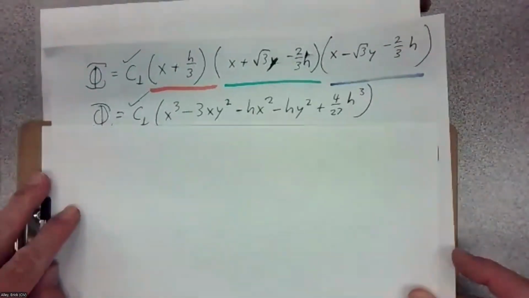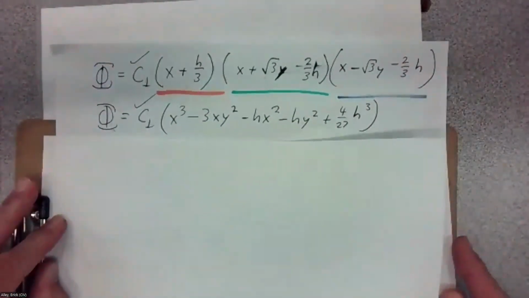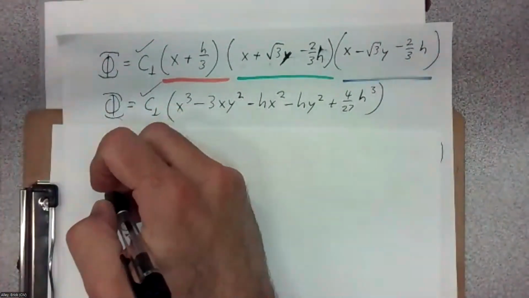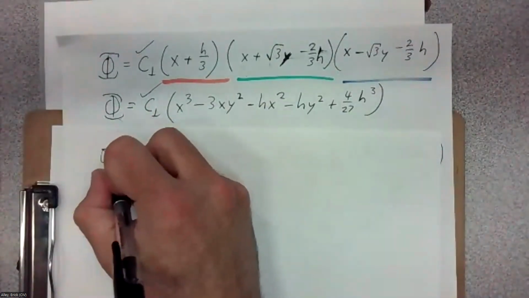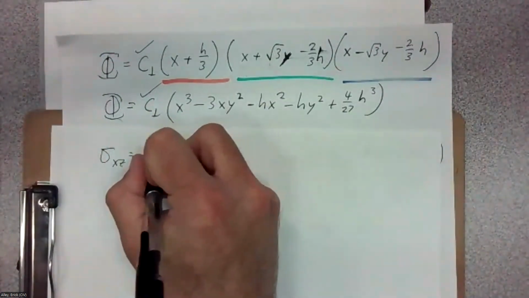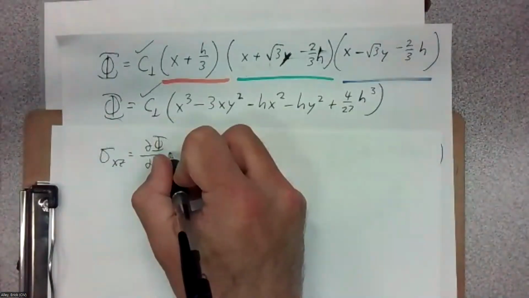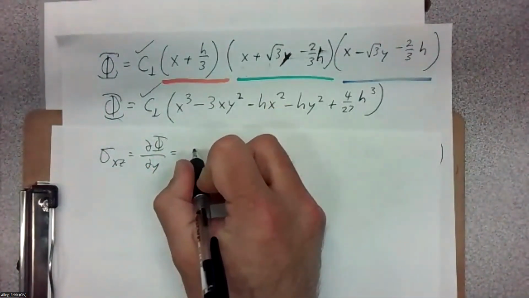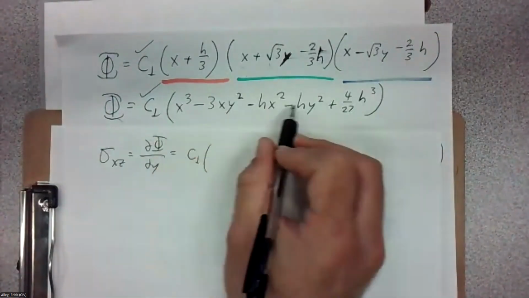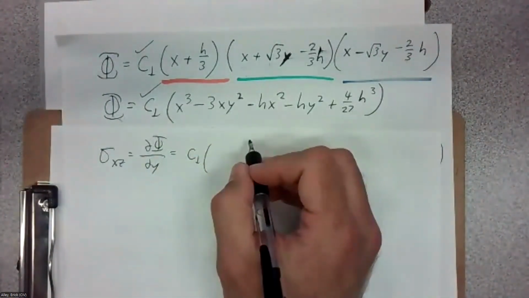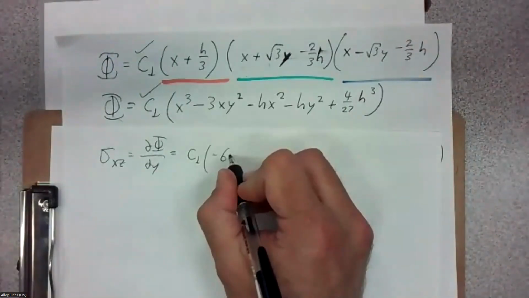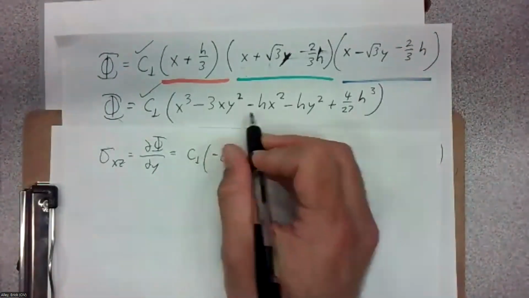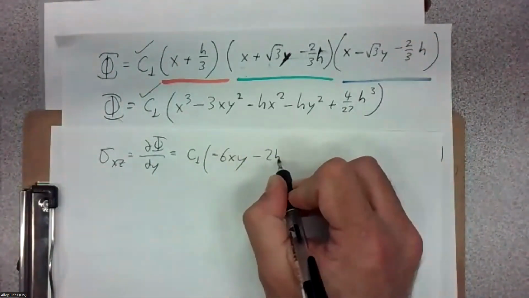Here's the full polynomial, which is the easy one to take derivatives of. So let's take some derivatives. Sigma xz is going to be partial Prandtl, partial y. If we do that one, we're going to get C1, and then we already took this y derivative before, minus 6xy, and then minus 2h.